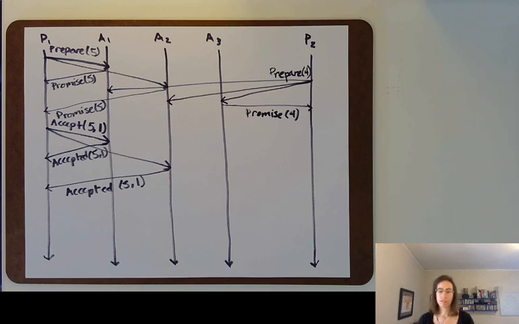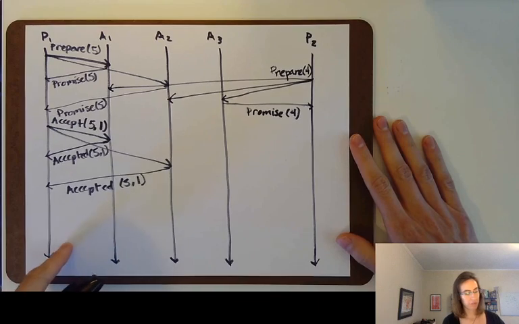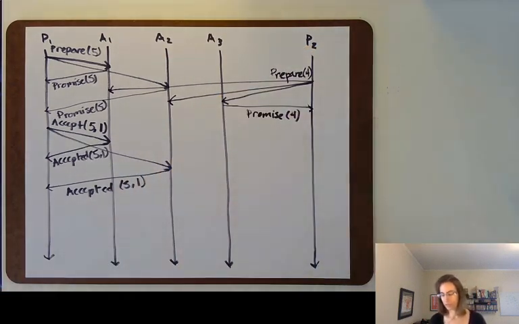Well, it turns out that it's always okay to just go ahead and send a higher numbered prepare message. As long as the proposal number is unique, you're okay. So here, I'm assuming that P1 has to send odd numbered proposals and that P2 has to send even numbered proposals. But you could use any sort of scheme for this as long as it ensures uniqueness.